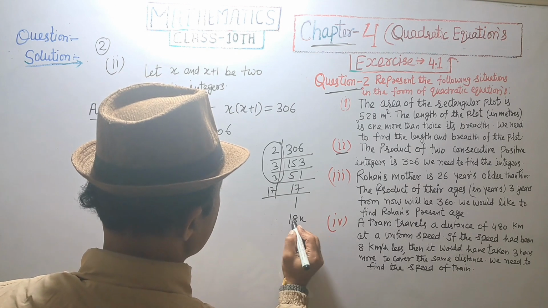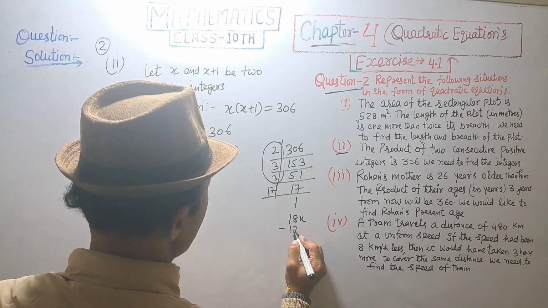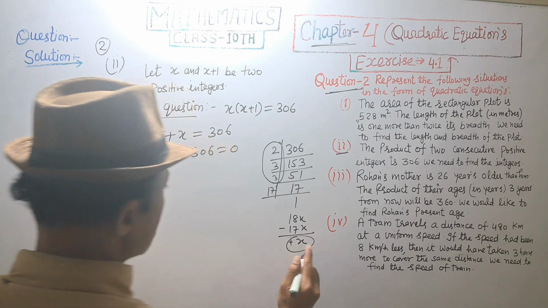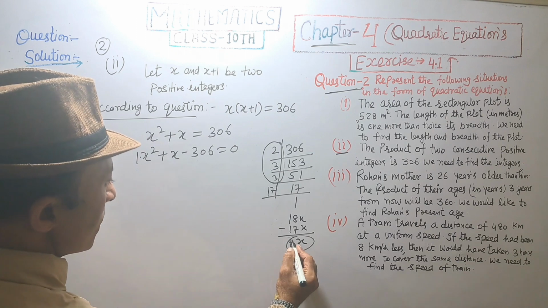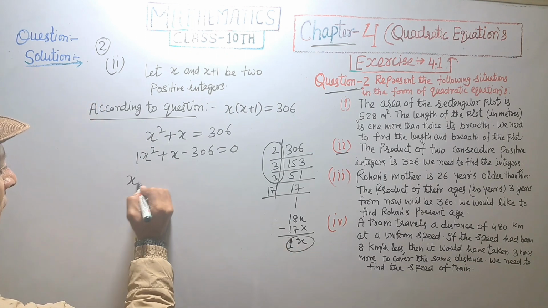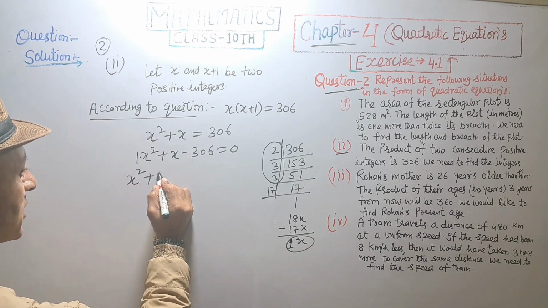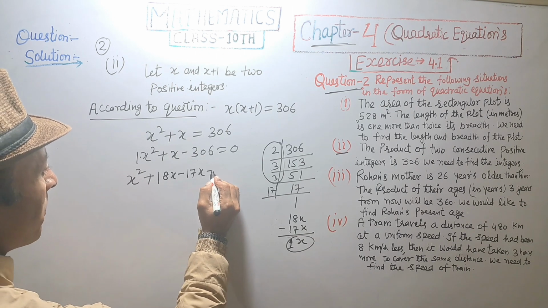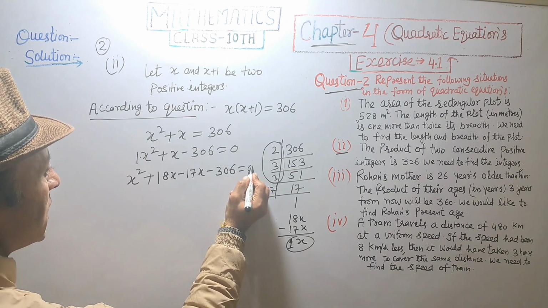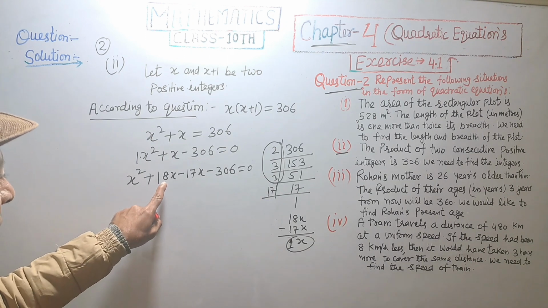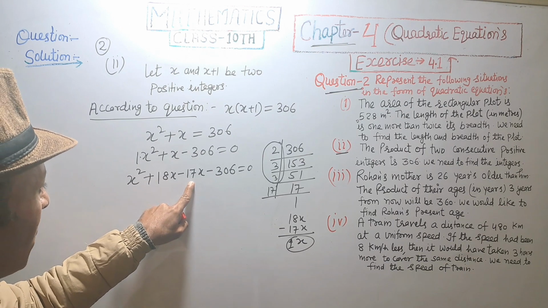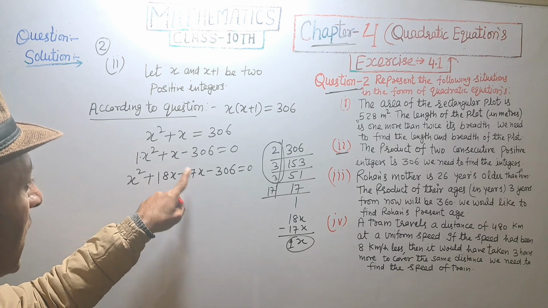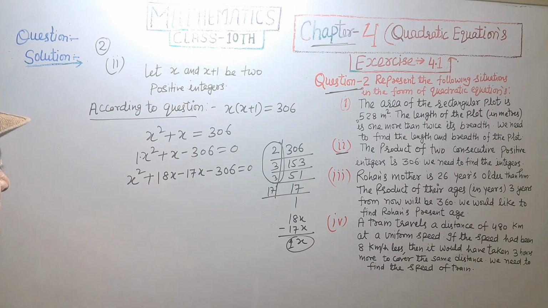But 18x positive and minus 17x negative is equal to positive 1x. x raised to power 2 plus 18x minus 17x minus 306 is equal to 0. 18 multiplied by 17 equal to 306. 18x minus 17x is equal to positive 1x.